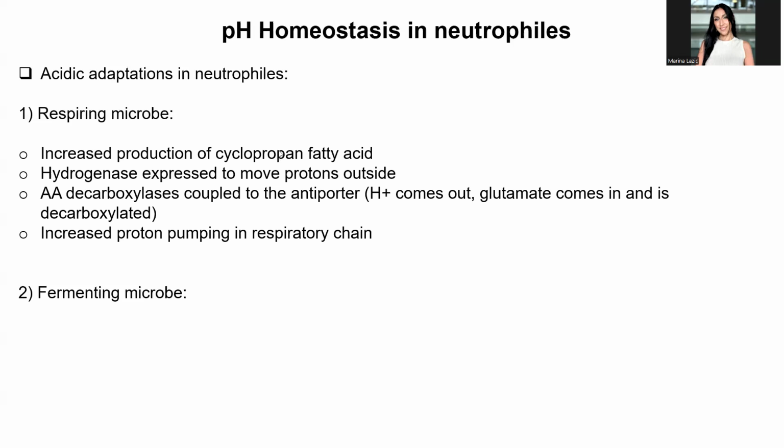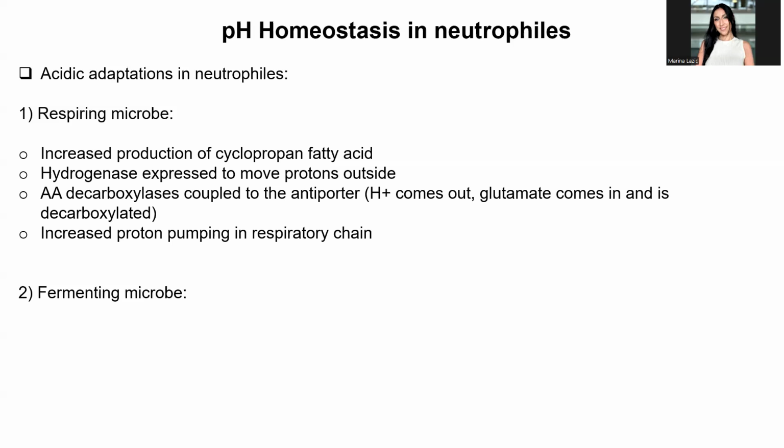Commonly, those neutrophiles will develop decarboxylases, and they will couple those decarboxylases with an antiporter. How does this function? Again, remember, they're trying to get rid of the protons coming from the environment. So they will have an antiporter that will kick out protons from the inside, but it is literally an antiport. The transporter will export hydrogen and import glutamate.